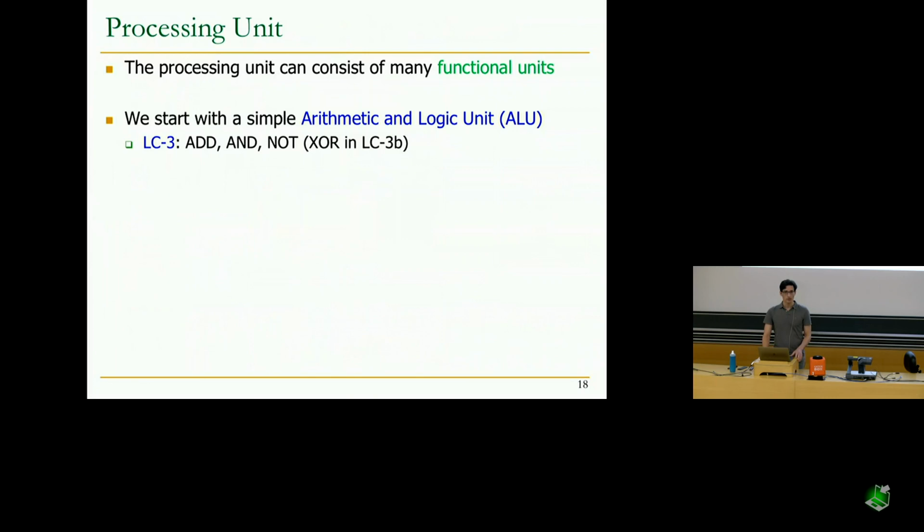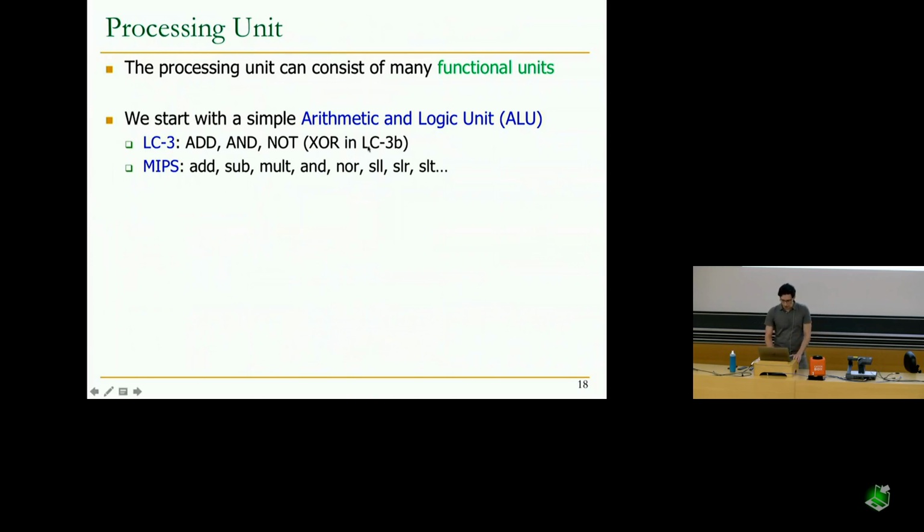In LC3, the set of instructions that execute in the arithmetic logic unit is not very big. As you can see, it's only 3 instructions. In LC3 it is add, and, not. In LC3B, XOR is also included. In MIPS, we have a few more. We have add, we have sub, which is subtraction, we have multiplication, we have and, nor.